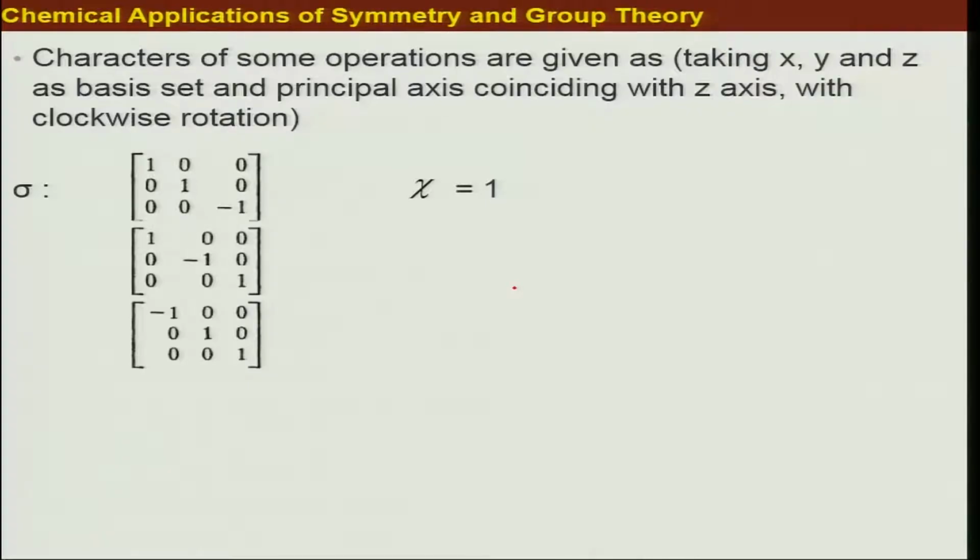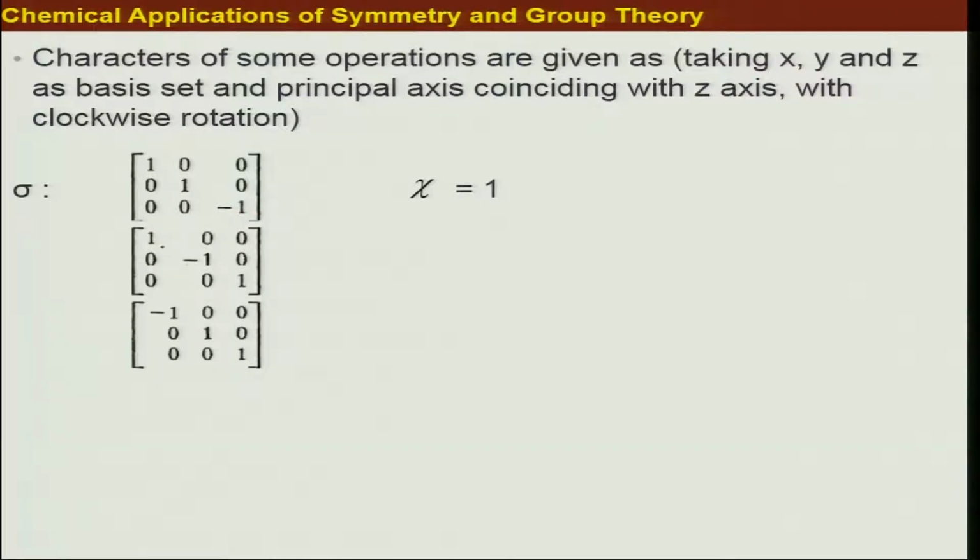Some of these matrix representations for sigma planes we have already seen in the earlier part of this lecture. If you look at each one of these matrices, this is xy, xz, yz. When we sum all these diagonal elements, we get 1 plus 1 minus 1 equals 1.